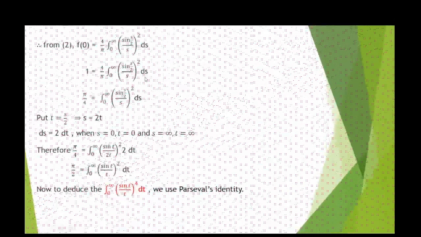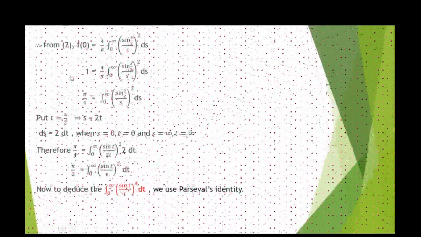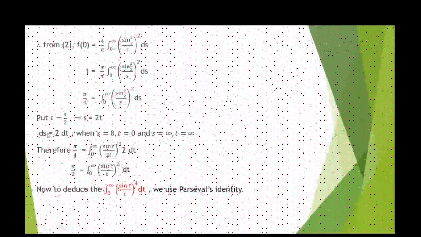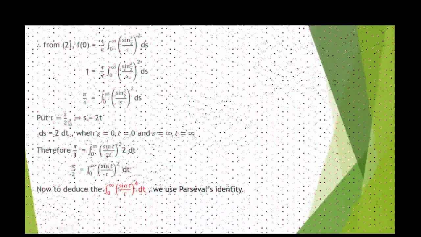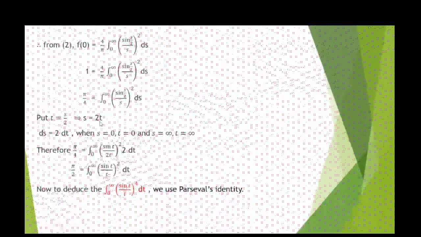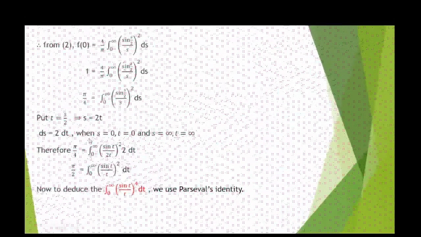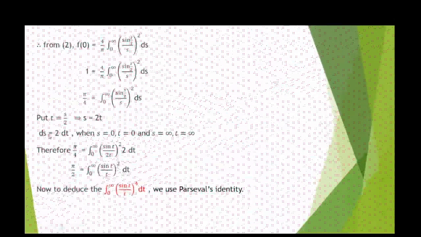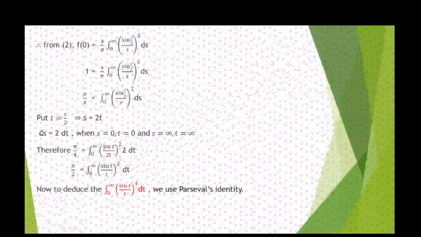So 1 is equal to 4 by pi integral 0 to infinity (sin s by 2 by s) the whole square ds. This 4 by pi goes to that side as pi by 4, and t is replaced by s by 2, so s is equal to 2t. Differentiating on both sides, ds is equal to 2 dt. When s equal to 0, t equal to 0, and s equal to infinity means t equal to infinity.